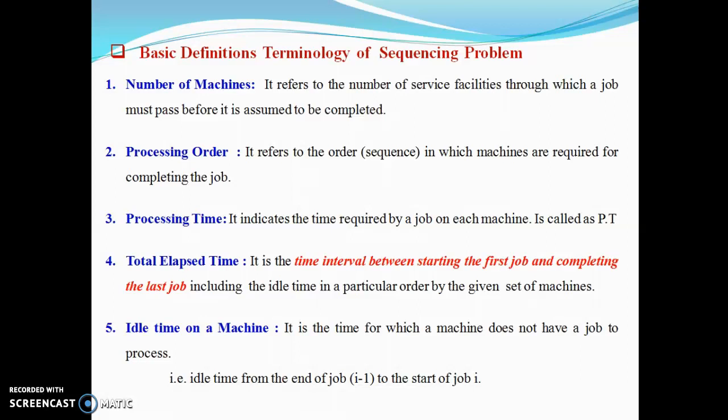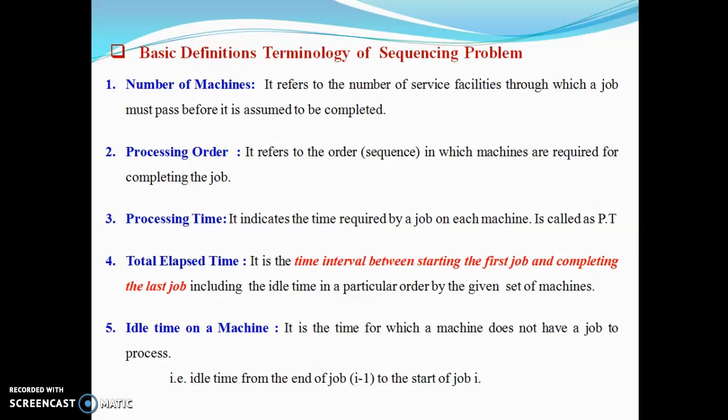The number of machines refers to the number of service facilities through which a job must pass before it is assumed to be completed. Or in other words, the number of machines means the service facilities through which a job must be processed in completing.